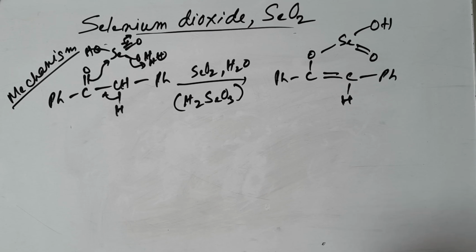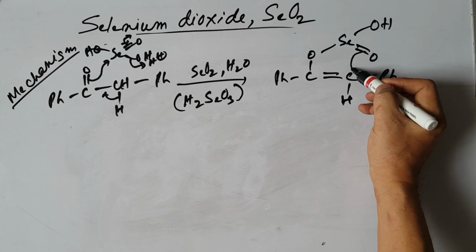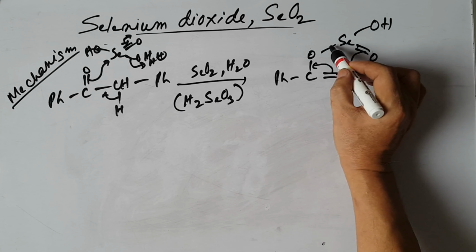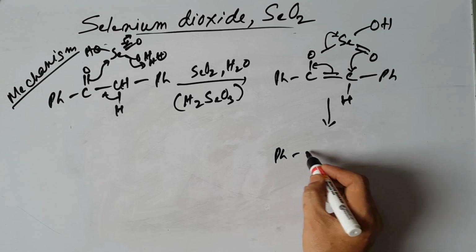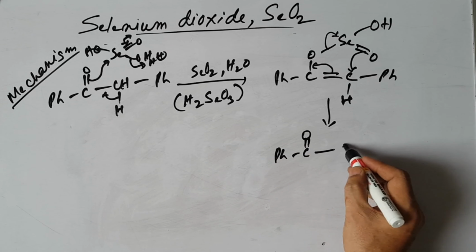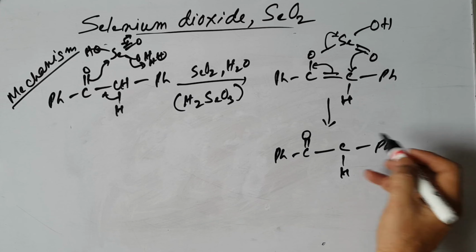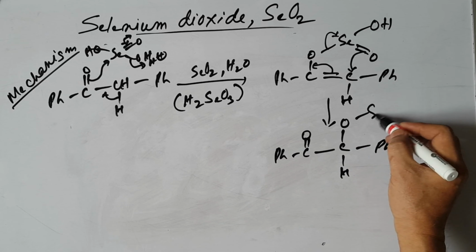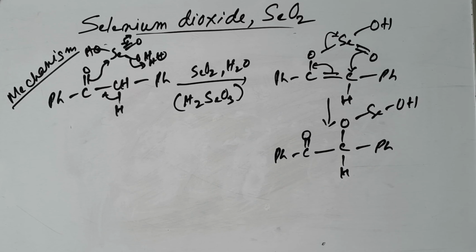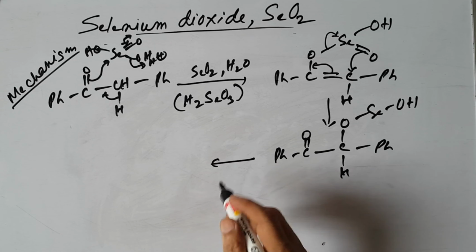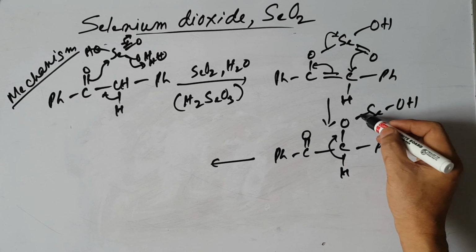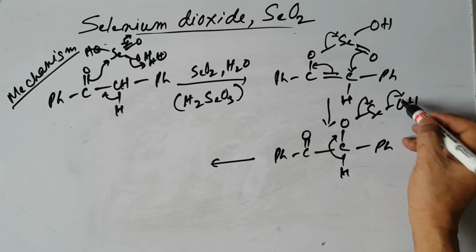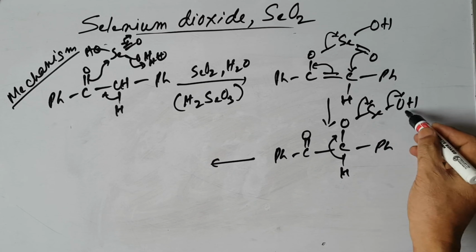So again this conversion takes place, like this. Okay, another intermediate: phenyl C=O, CH, then another phenyl, then O, Se, OH. Okay, so like this, another intermediate, and finally this one is lost, so it gives a ketonic group, carbonyl group, and then selenium and then OH, where it lost this one. There is a water loss.